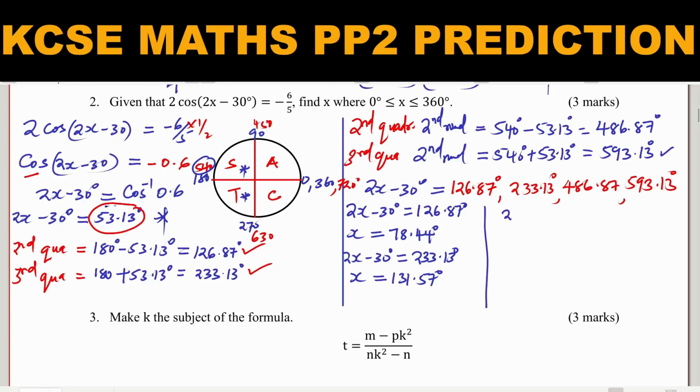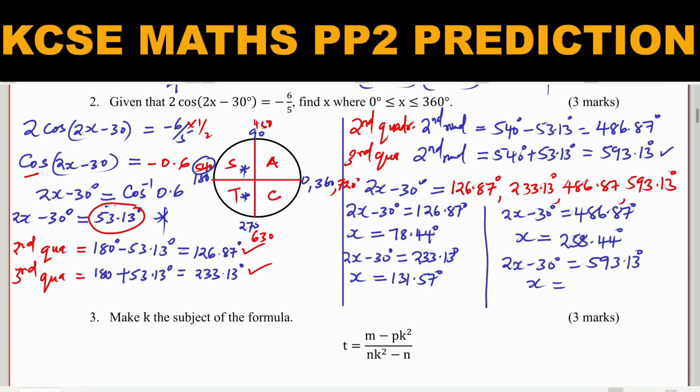We take the other one. Now the other one is 2x minus 30 degrees equals 486.87 degrees. So x again will be 486.87 plus 30 divided by 2. This will give 258.44 degrees. Let's go to the last one. 2x minus 30 degrees equals 593.13 degrees.